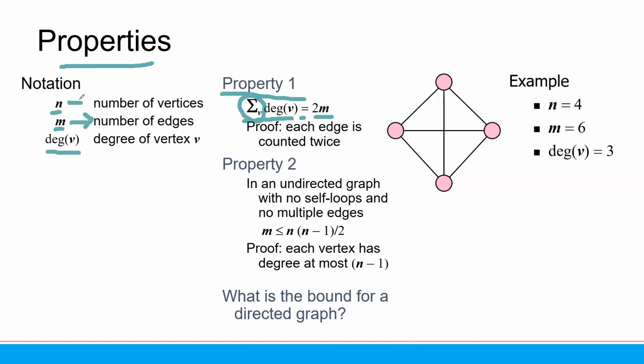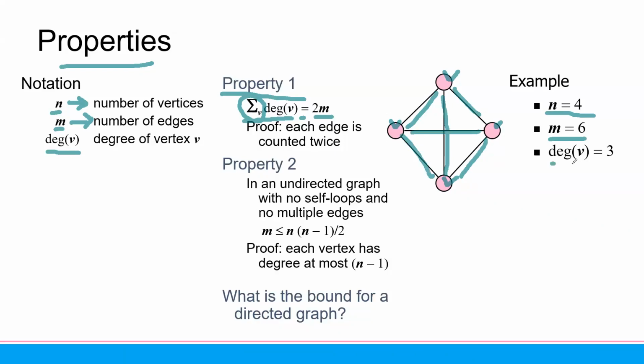What is n? N is the number of vertices. Now let's see this example. We have 4 vertices, and we have m equals 6 edges.